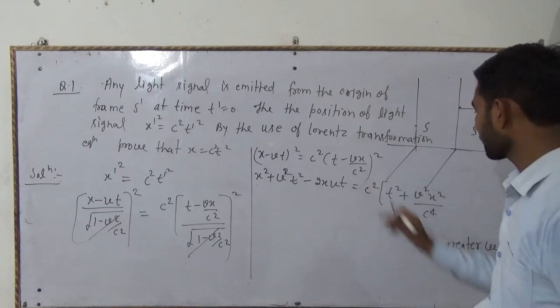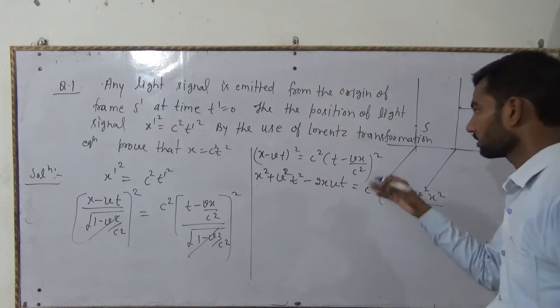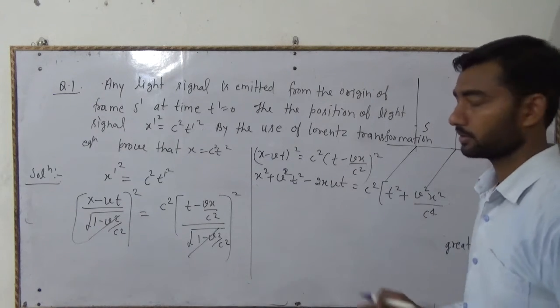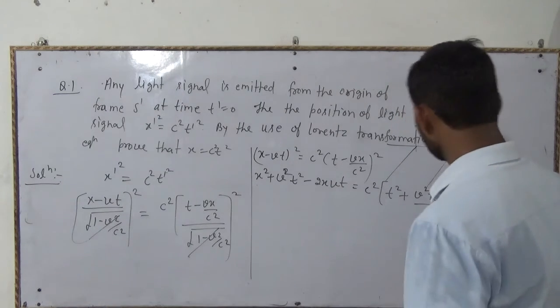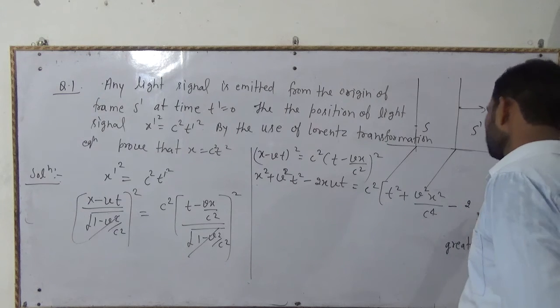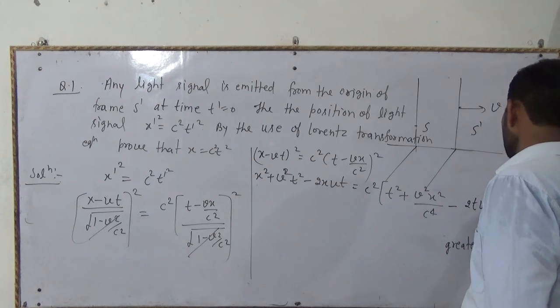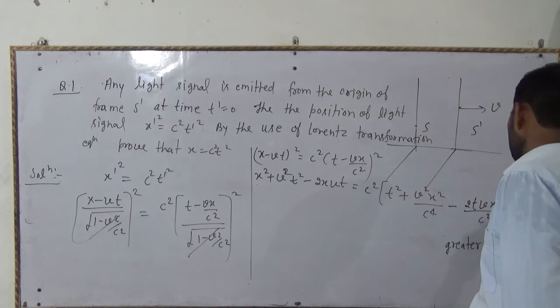Here we can write it with the help of the formula a minus b the whole square, so it will be minus 2tvx by c square.